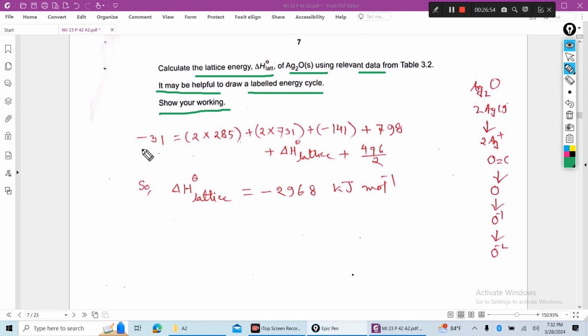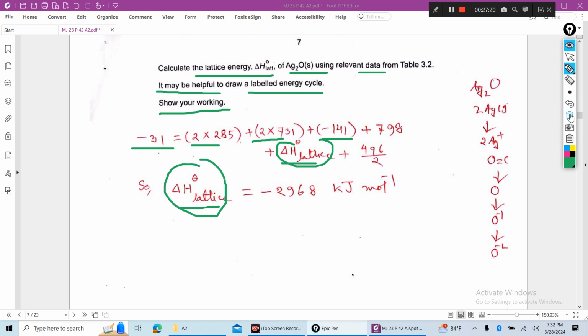You know, enthalpy of formation equals atomization, ionization, electron affinity, and lattice enthalpy. If you add, then you get the enthalpy of formation. Only the lattice enthalpy value is not given, so if you put in the other values, you will get the lattice enthalpy value.